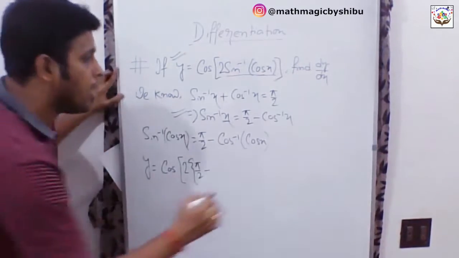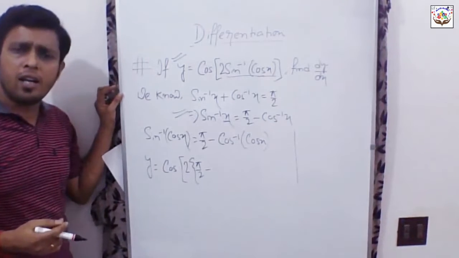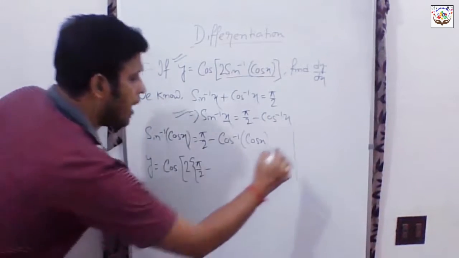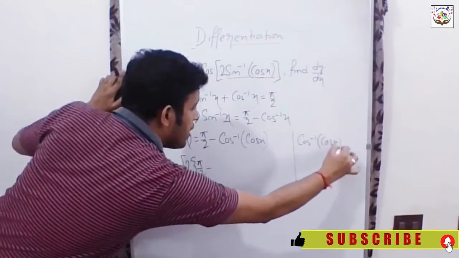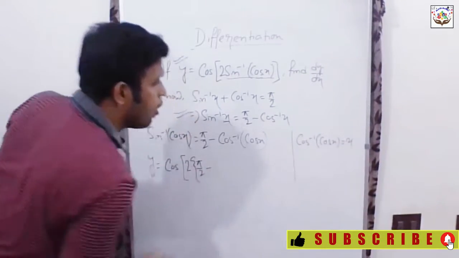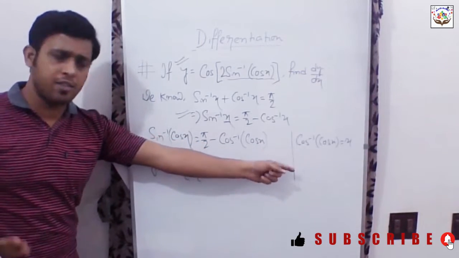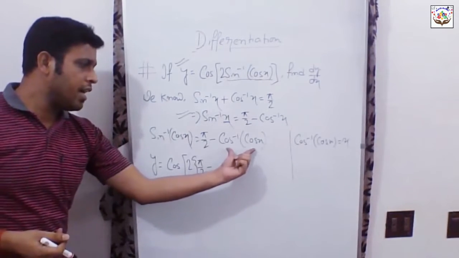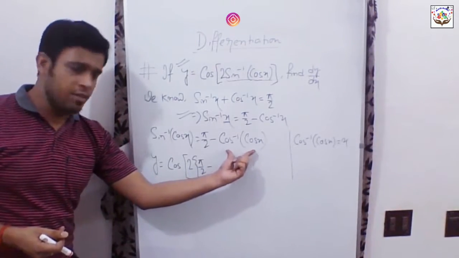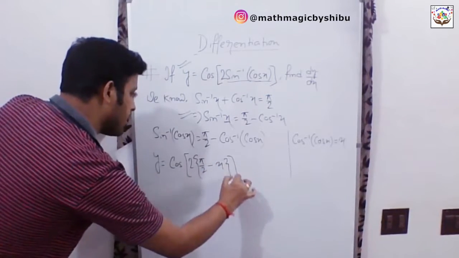I think I have also told this formula earlier in my differentiation videos: cos inverse of cos x will be x. Whatever the trigonometrical function, sine inverse of sine x will be x, tan inverse of tan x will be x. So cos inverse of cos x will be x, right? So we are just putting x instead of cos inverse cos x.